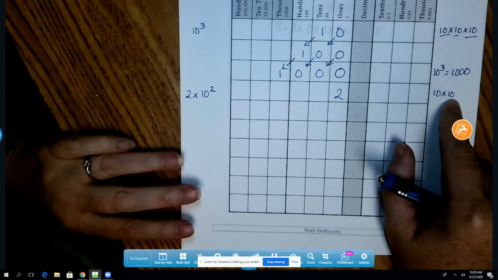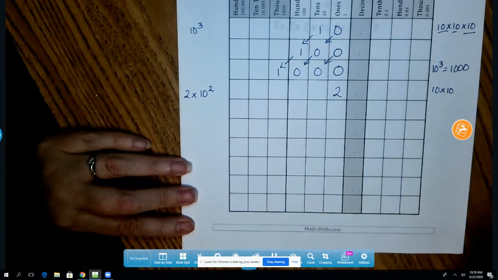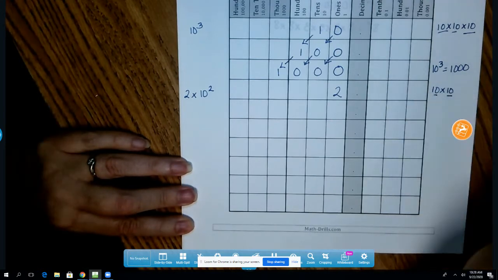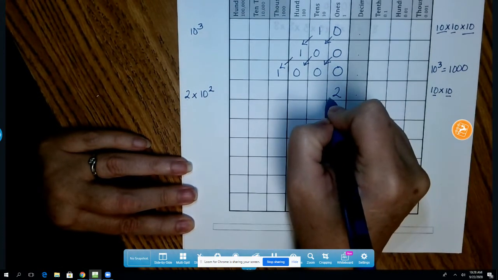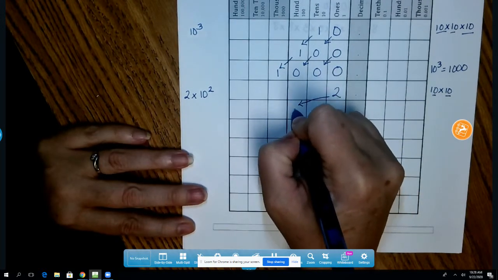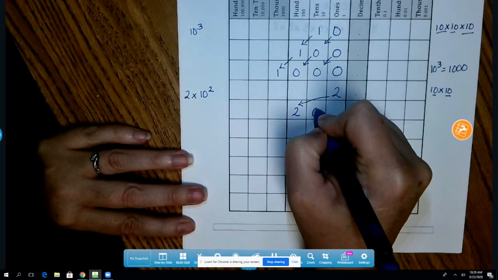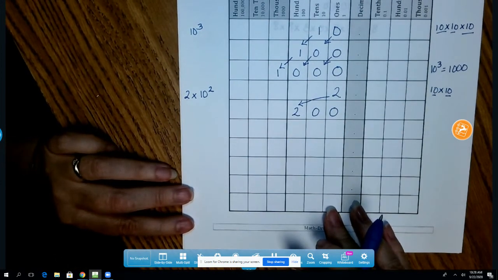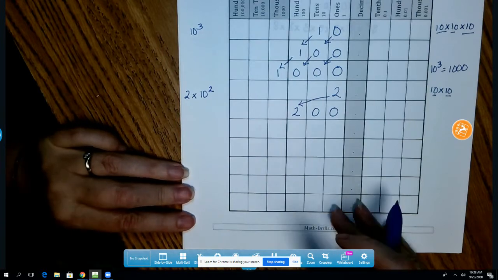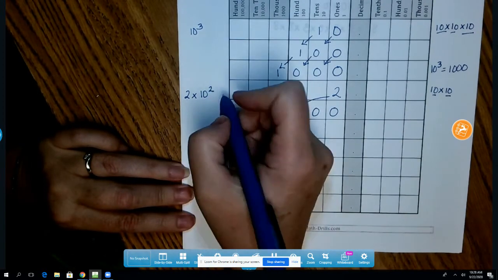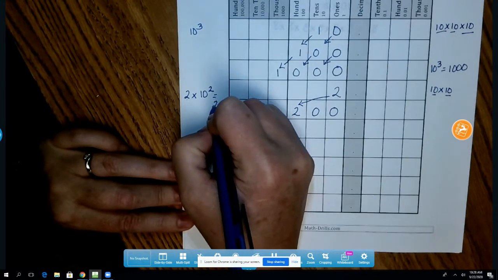Well, just like we learned in lesson 2, if I count my zeros, 1, 2, then I know this 2 is going to move 2 places. And I would need to hold my other places with zeros. So 2 times 10 to the 2nd power equals 200.